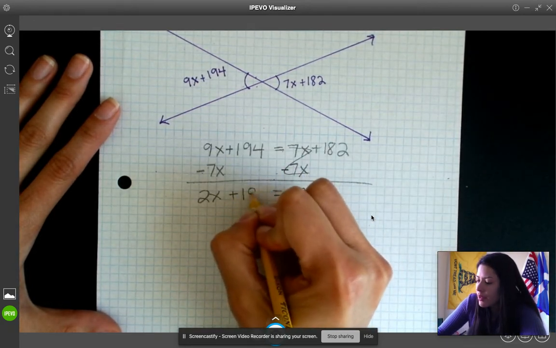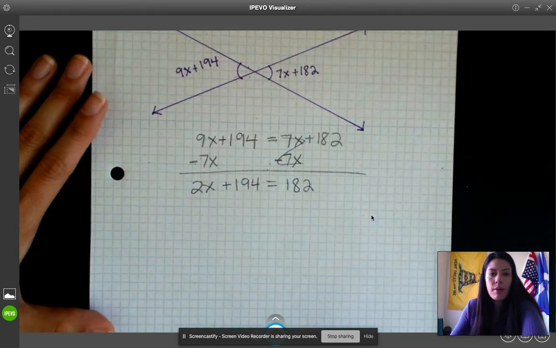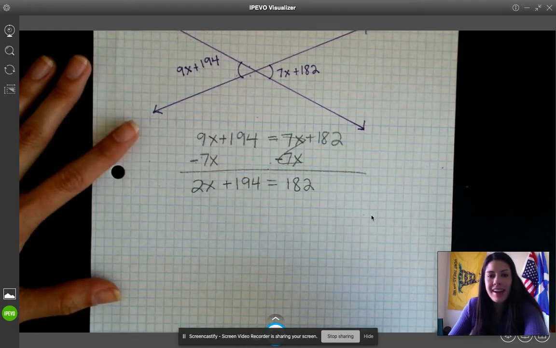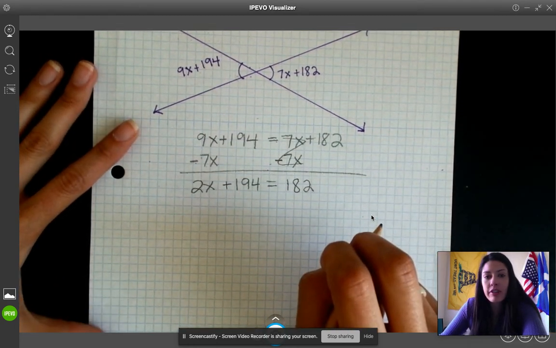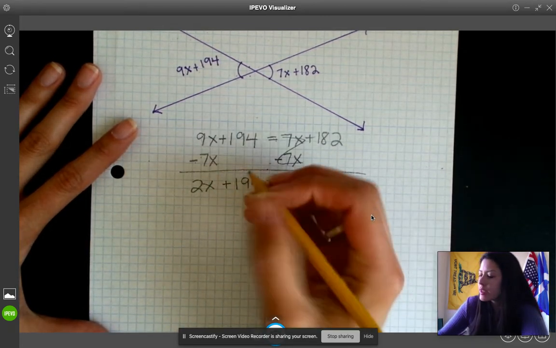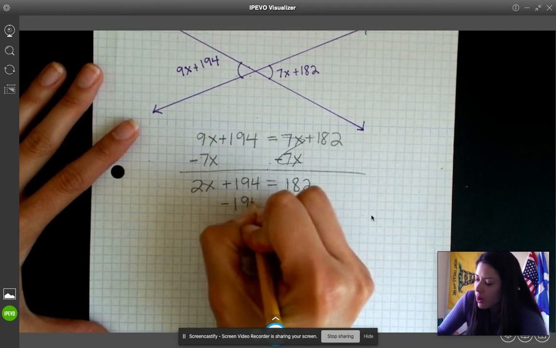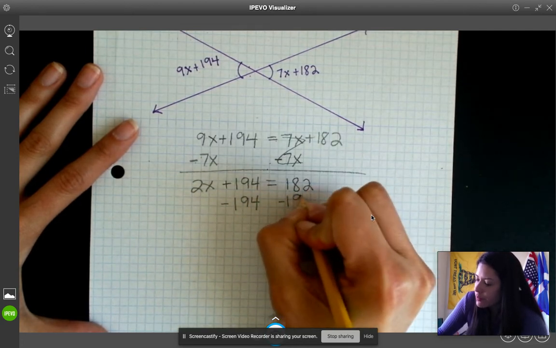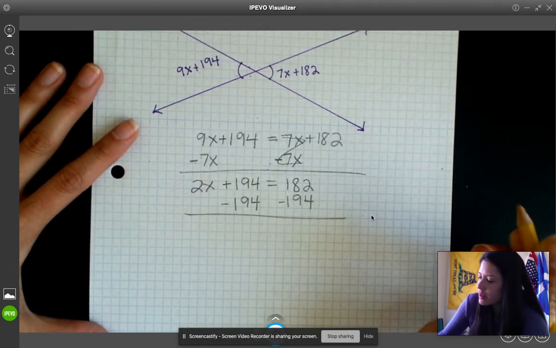Plus the 194. Perfect, okay? Now this looks like a regular two-step equation, right? I'm going to take this 194, move it over here. Same thing. I would subtract 194 from both sides. Okay?